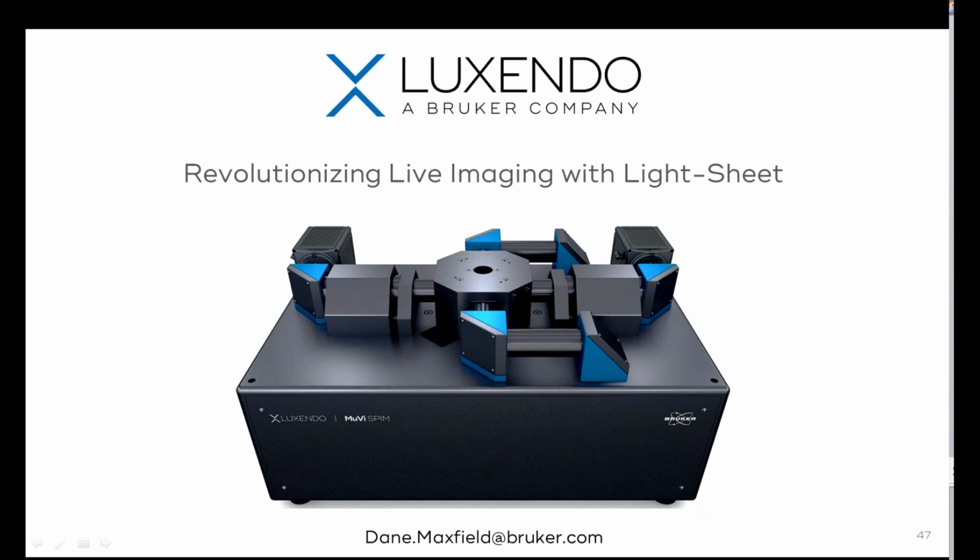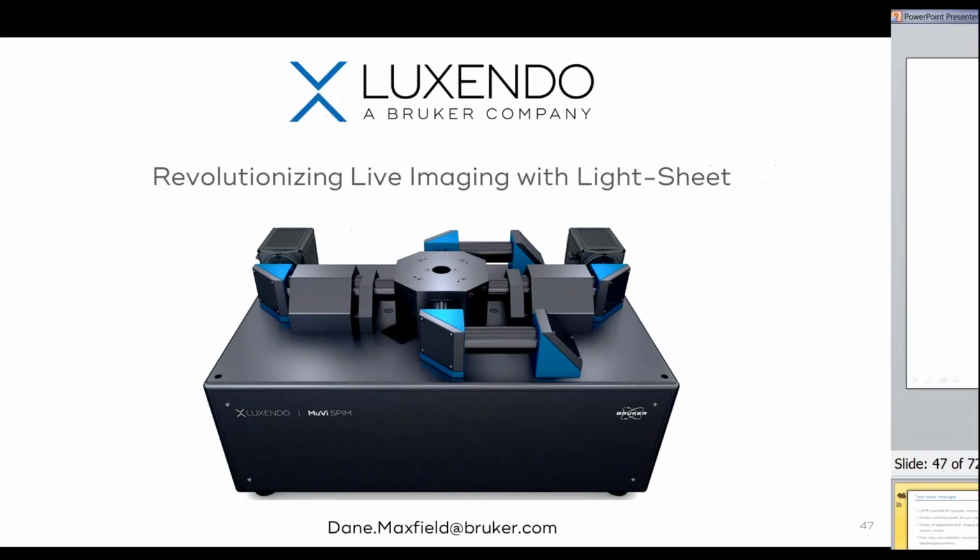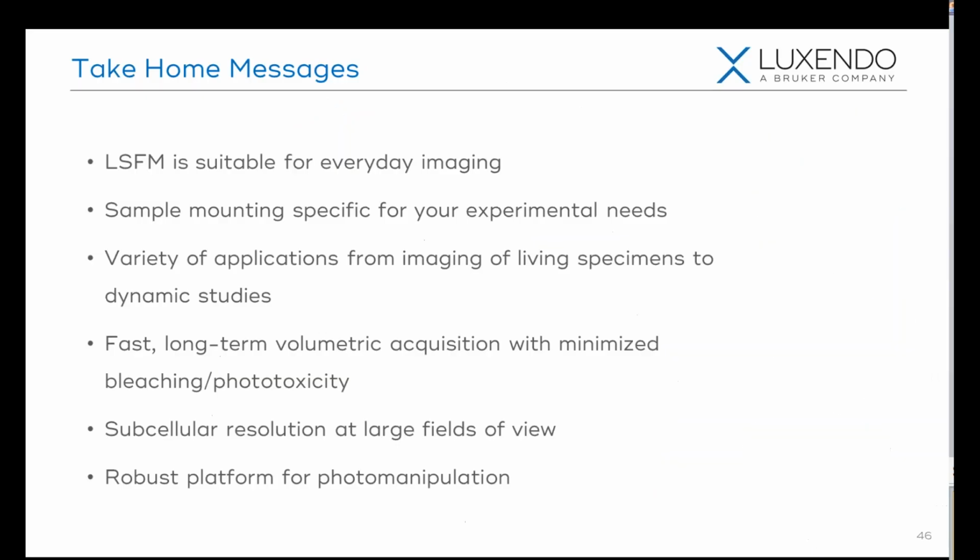Someone else asked, I'm looking at cell division in HEK293 cells. What would be the best geometry for my application? And that really depends on, let me go back here a slide, that really depends on the end resolution that you need.